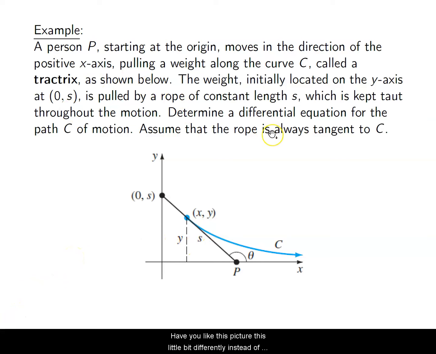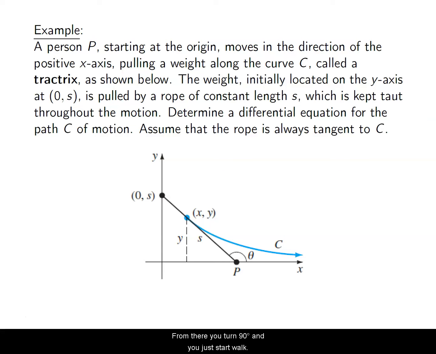So let's think about this a little bit differently. Instead of looking at it as a graph with a curve and a line, okay, you're standing in your backyard or in your front yard or on the street or whatever, okay? You have a rope tied to a weight and you walk away from the weight until your rope is completely straight, completely taut, okay?